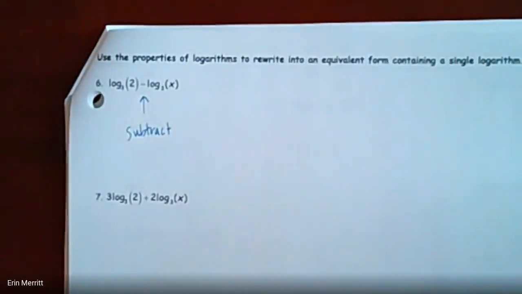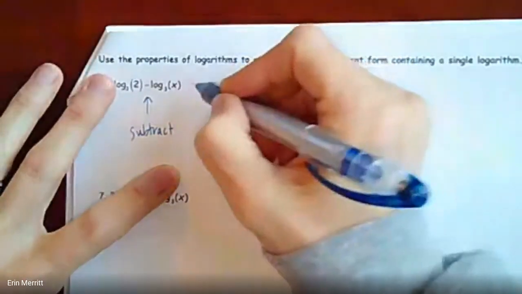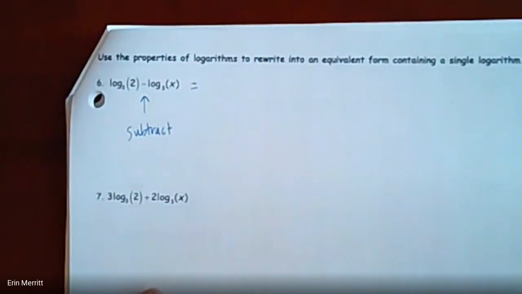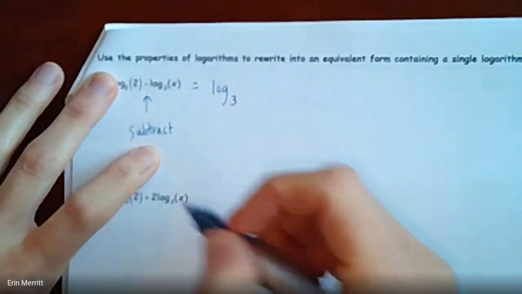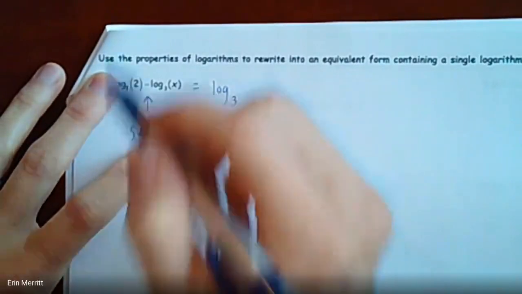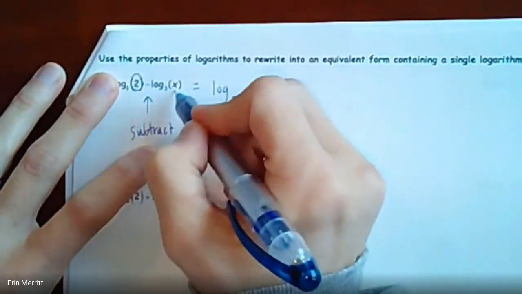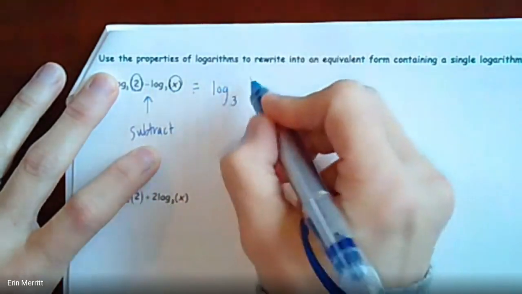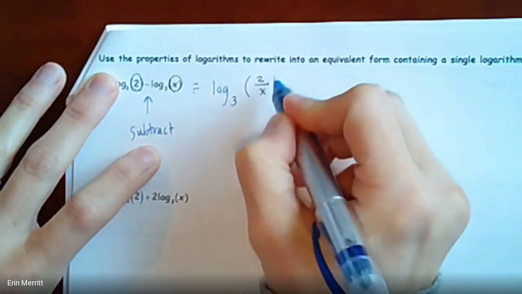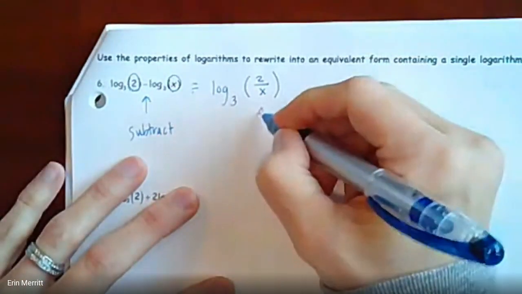I know I subtract exponents when we're dividing bases, which means we have to do the log using division. So that means I'm going to do log base 3, and I need to go in order from left to right, numerator, denominator. So it's going to be 2 divided by x. Right?